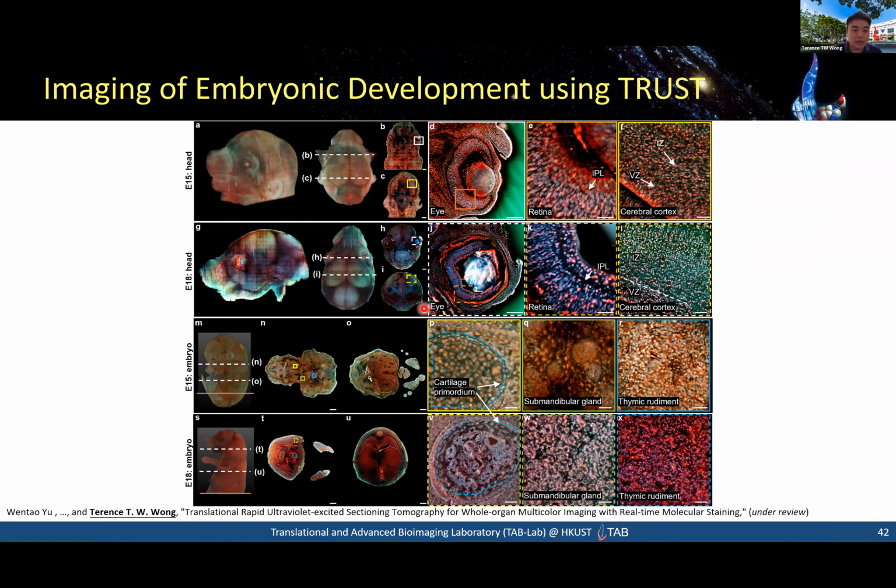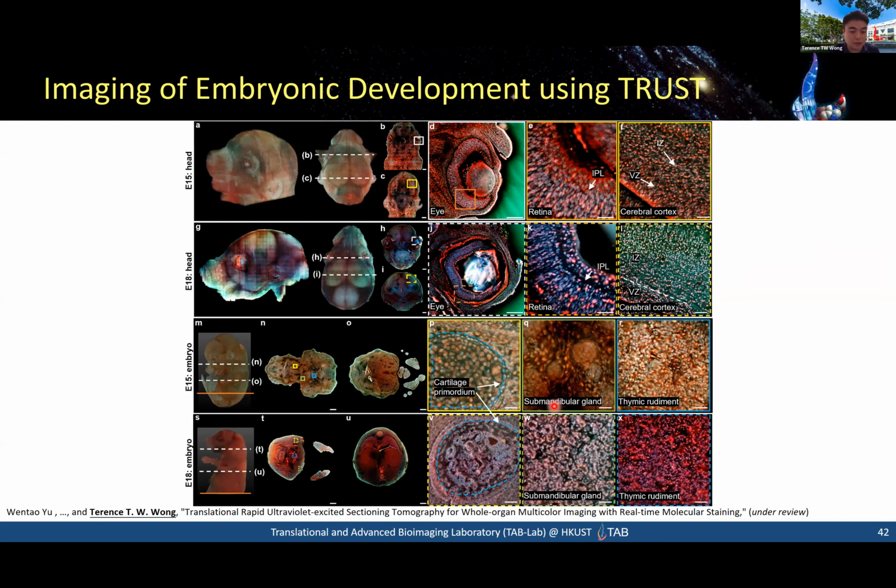So this is an E15 and this is an E18 embryo. We try to cut the whole brain, or even later the whole body, so we can see developmental biology. For the purpose of developmental biology, we can use this as a very powerful tool to see structure development throughout different time points of the organs.